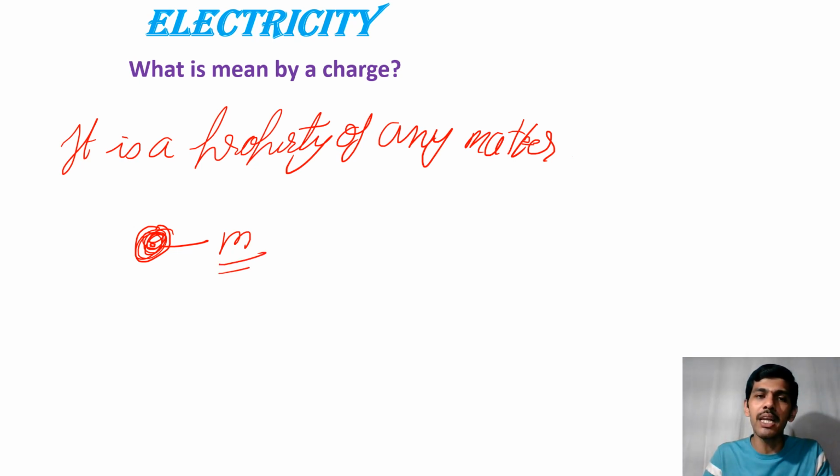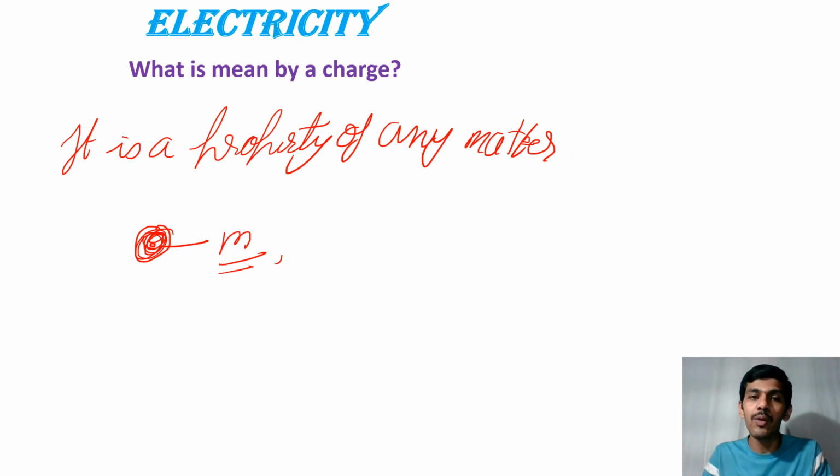In a similar fashion, along with the mass, there is one more property called the charge. But mass is only one kind. We use the word this much kg. There is no concept of positive and negative mass.